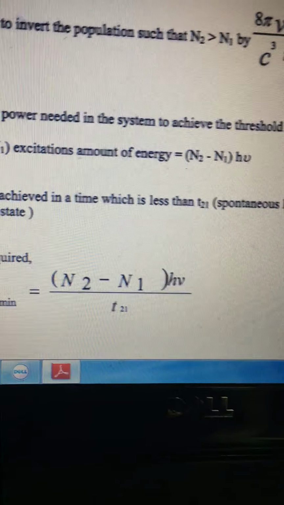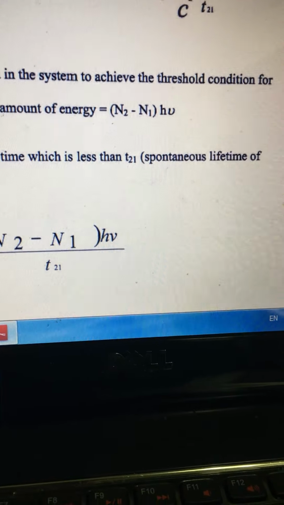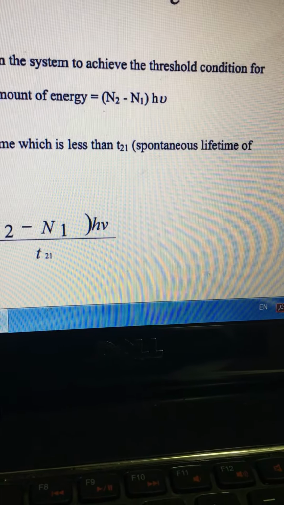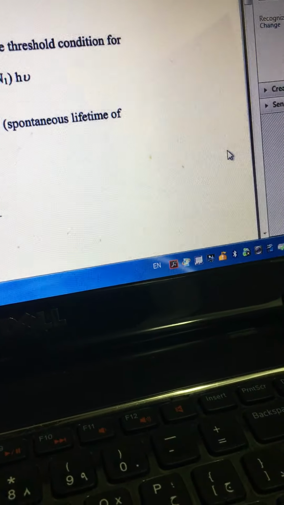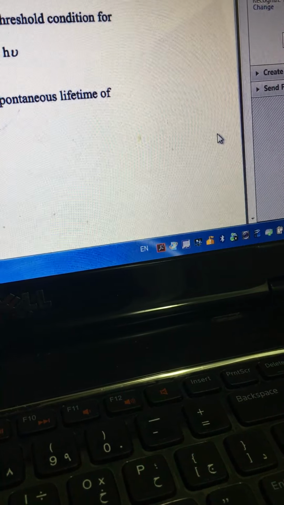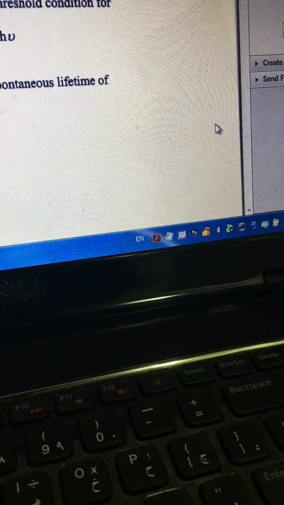All of this has to be achieved in a time less than t sub 2 1, the spontaneous lifetime of the atoms, and the minimum power required, rho minimum, is equal to n2 minus n1 multiplied by h nu over t sub 2 1.